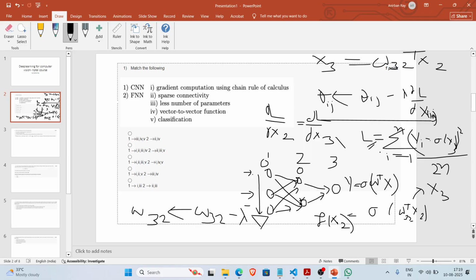So with respect to this, and then the derivative of x3 with respect to x2. This is the chain rule that you need to use, and then you will get this one.